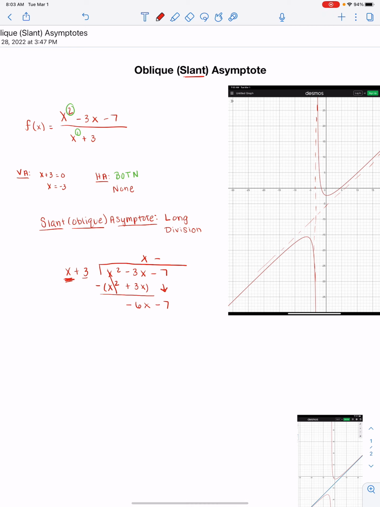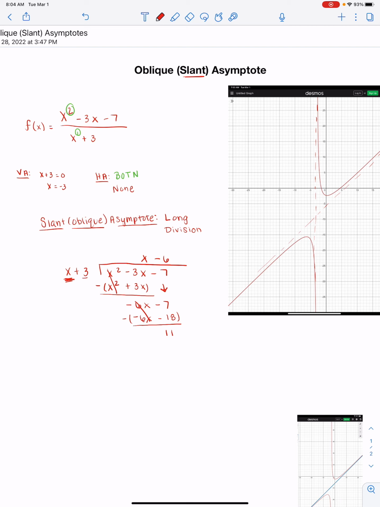Well, I know that -6 times x is -6x, and -6 times 3 is -18. Okay, now we subtract those. So -6 minus the -6 is nothing. -7 minus the -18 really means you're adding 18. So we end up with 11.